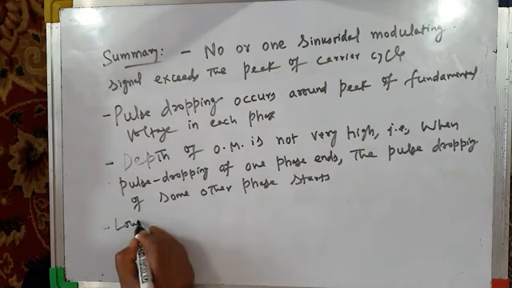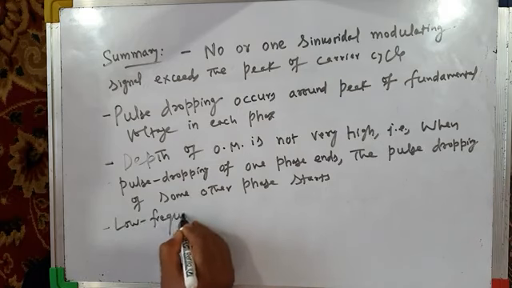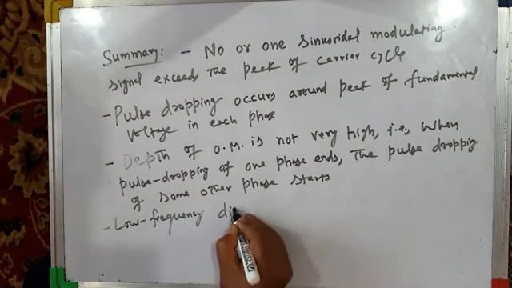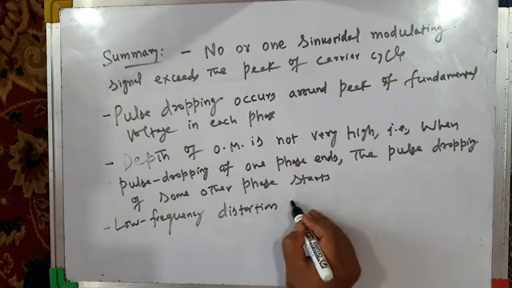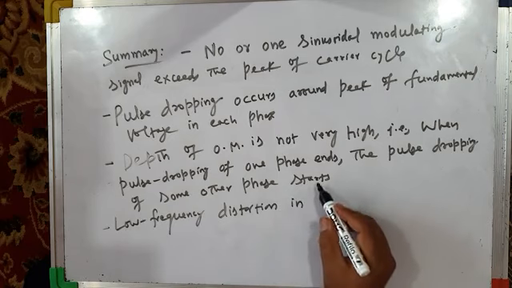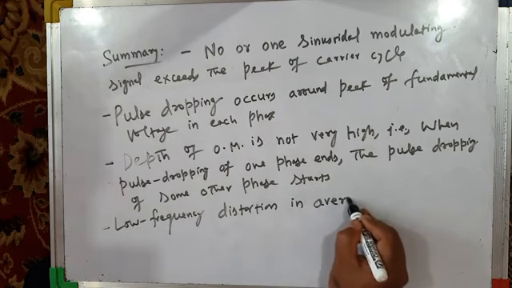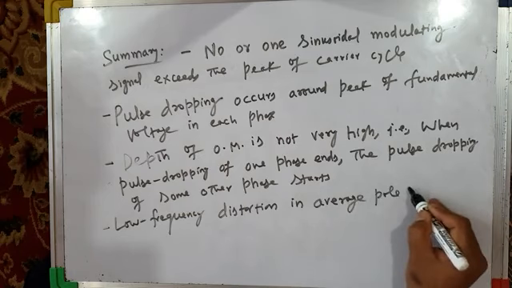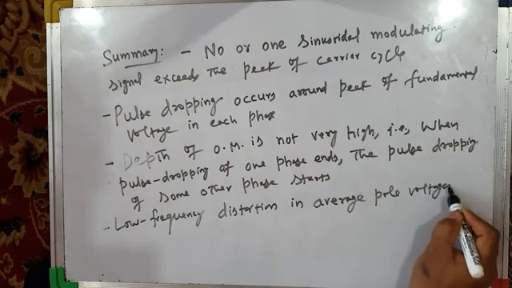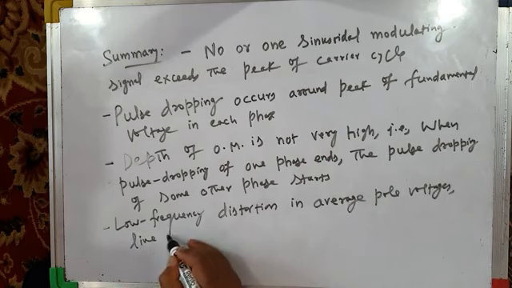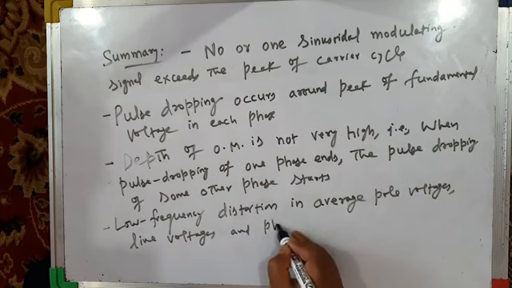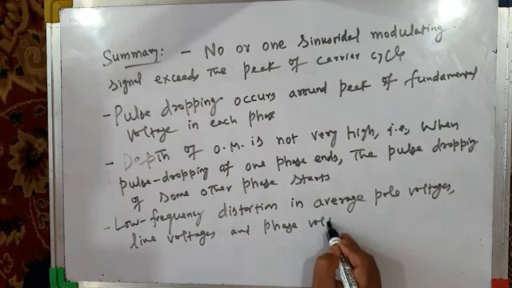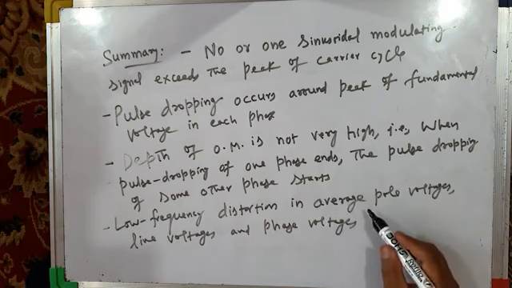Then low frequency distortion in average pole voltages, line voltages, and phase voltages occurs.